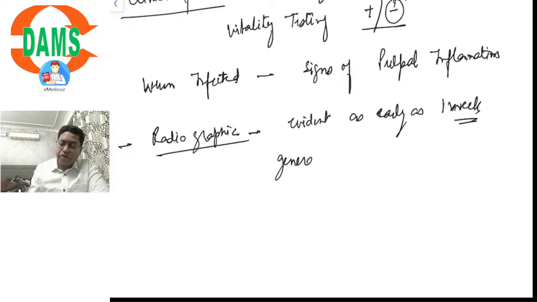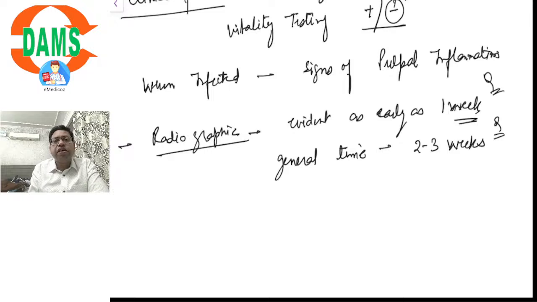General time during which it is evident radiographically is in the range of 2 to 3 weeks. So there can be two separate sets of questions. Read the question carefully. How early it can be evident? It can be evident at 1 week. Generally 2 to 3 weeks it takes to be evident.